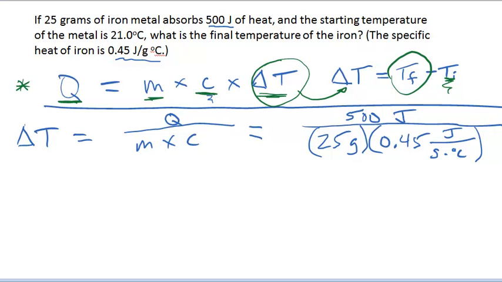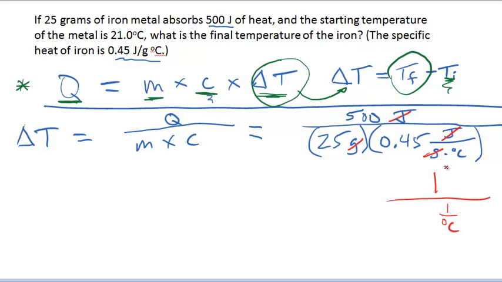Now, if we do a little unit analysis, let's see what happens. Looking in the denominator, grams cancels with grams, and then this joule is going to cancel with this joule, and so in terms of units we have 1 over degree Celsius.